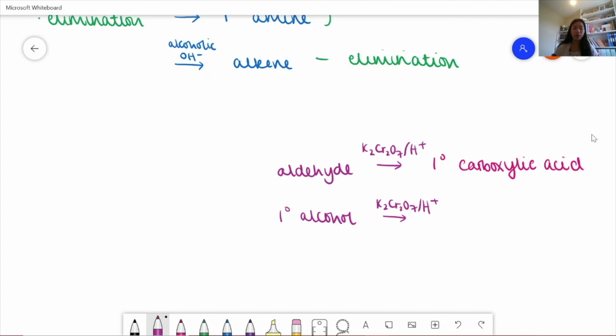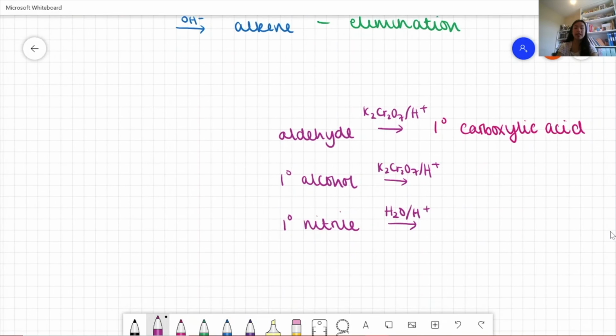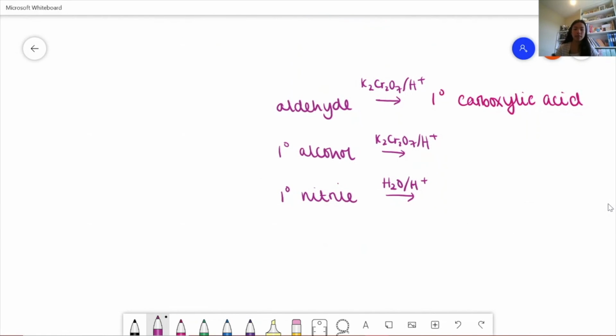So we could have a primary nitrile, and we would achieve this by adding some water with a H+ catalyst. So that's a hydrolysis reaction. And we could also get a primary carboxylic acid by using an acid derivative. For example, we could have an acid anhydride or an acyl chloride.